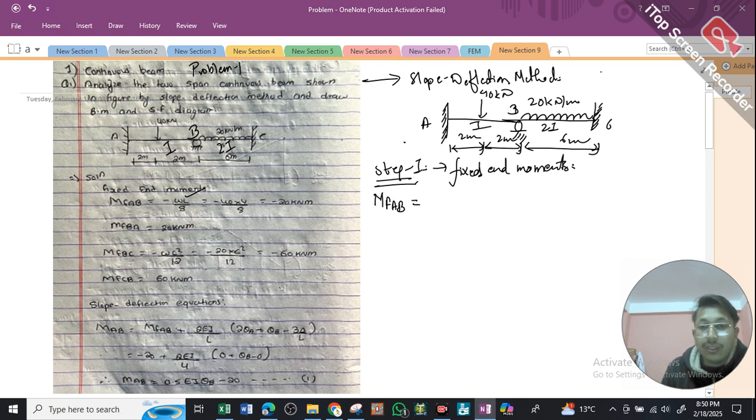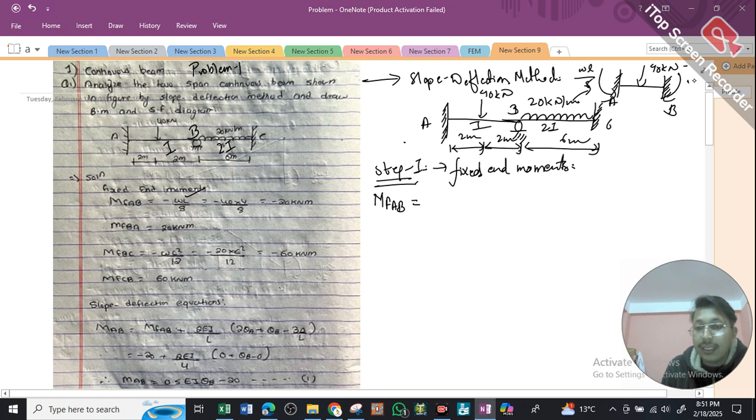So firstly we need to calculate our fixed end moment MFAB. We simply divide this beam in this way. This is my section A, this is my section B, and the 40 kilonewton load acts this way. The fixed end moment will be WL by 8. This is the formula for this case scenario, where the load is acting at L by 2 and L by 2.